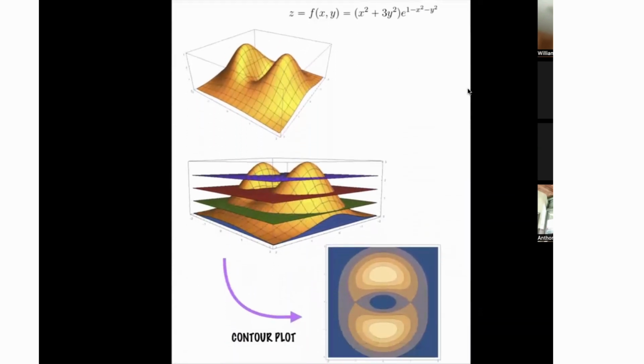I showed you the way a contour plot is made. Think about taking the surface and slicing through with planes parallel to the XY plane, and wherever the plane slices through the surface, that determines a curve. We project all those curves down to the XY plane and plot them, and we get a contour plot.